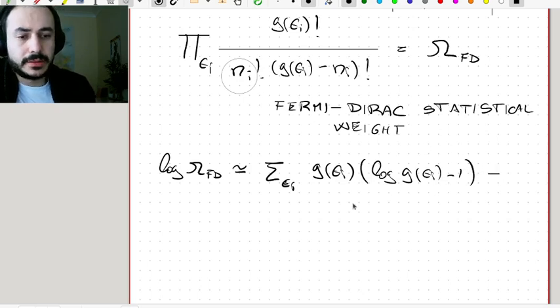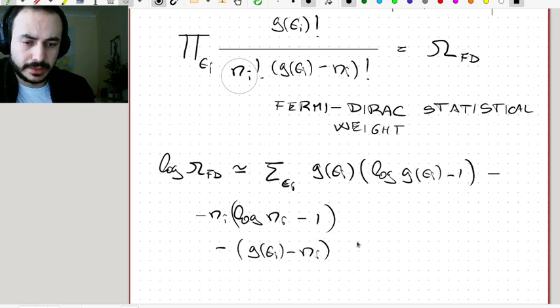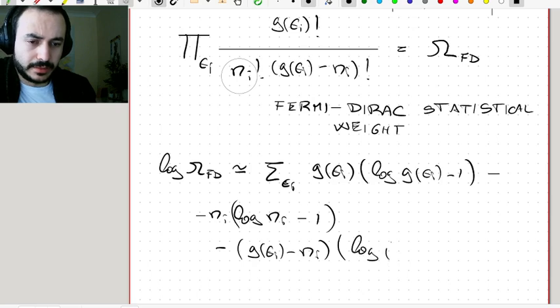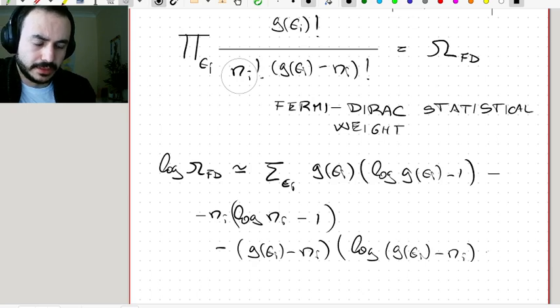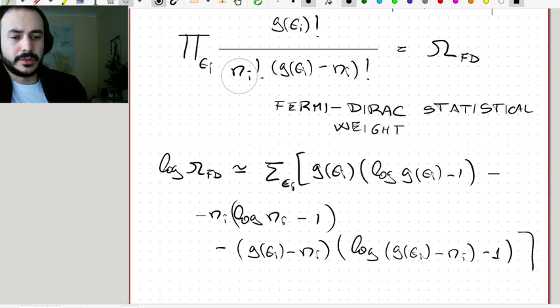Then the denominator gives you ni logarithm of ni minus 1, and also minus the term g ei minus ni times the logarithm of g ei minus ni minus 1. That's just Stirling's formula.